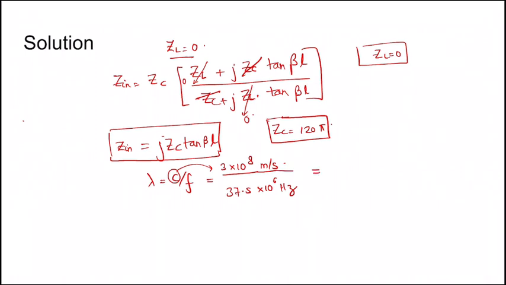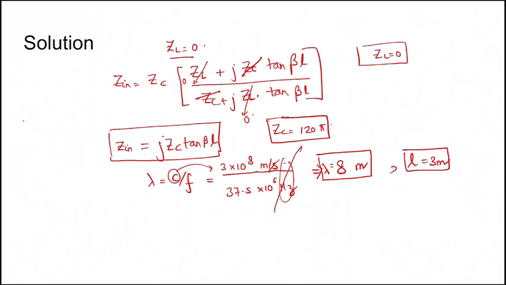Now it should reduce to meters, since 1 by hertz is seconds, so it will cancel with seconds, and this is in meters, so it is coming as 8 meters. The length is given as 3 meters in the question. So now lambda is 8 meters, determined.